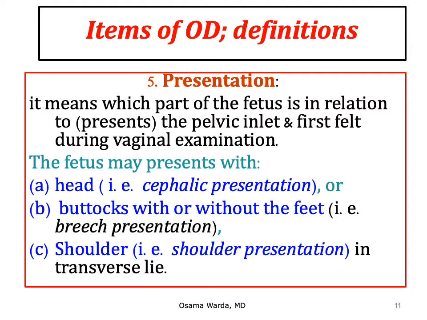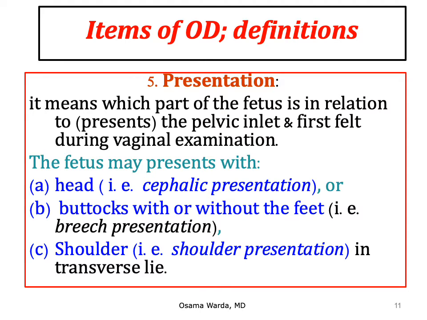So, if the fetal head is tilted to one side, the condition is called asynclitism and results in two types of cephalic presentation: the anteroparietal bone presentation and the posteroparietal bone presentation. And here the denominator is the parietal bone.